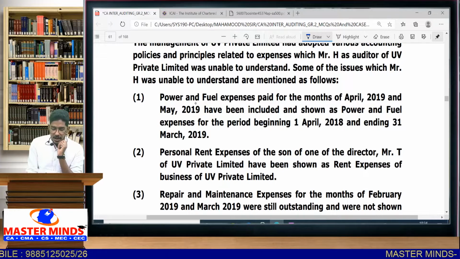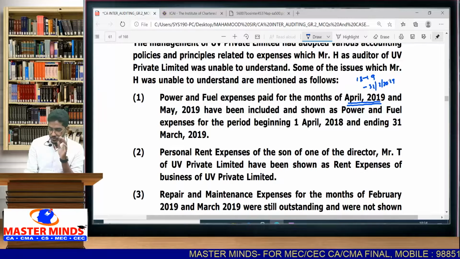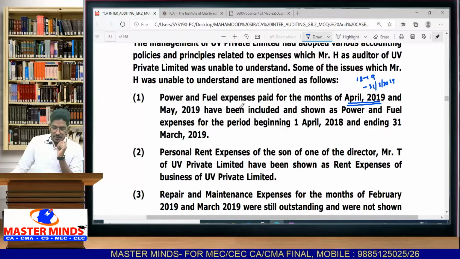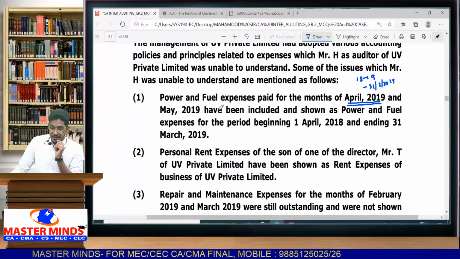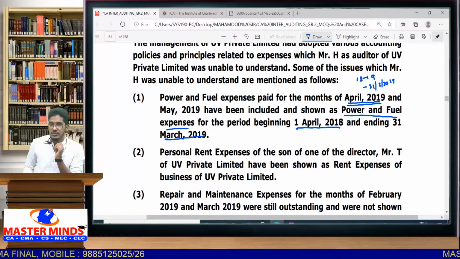What are they? Power and fuel expenses paid for the month of April 2019. See, they are appointed as auditors for the year 18-19. So year ends on what date? 31st of March 2019. So keep this in the back of your mind. Now let us see what they are telling. Power and fuel expenses paid for the month of April 2019 and May 2019 have been included and shown as power and fuel expenses for the period beginning 1st April 2018 and ending on 31st of March 2019.